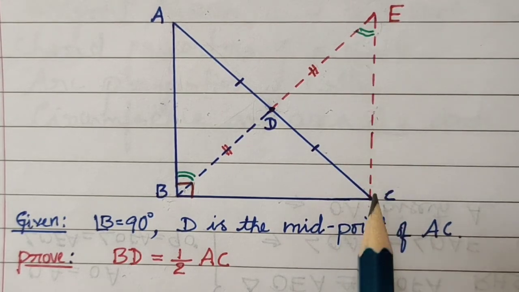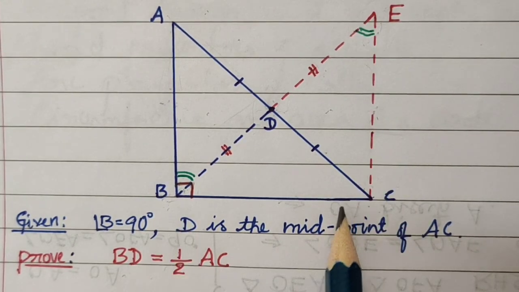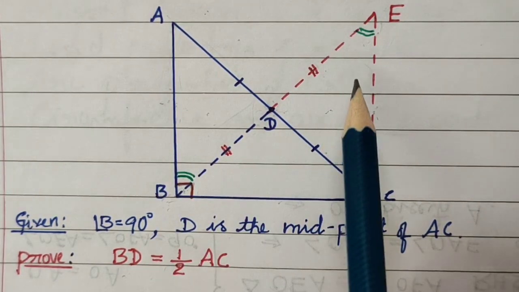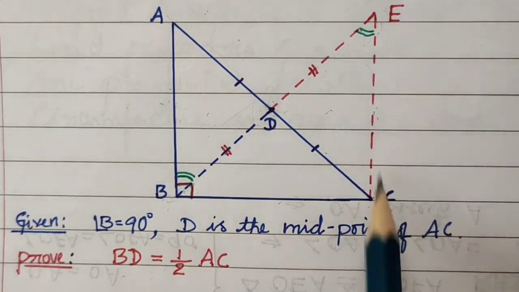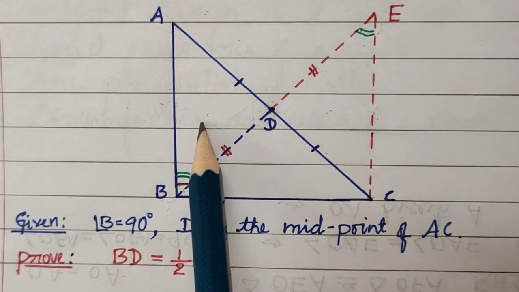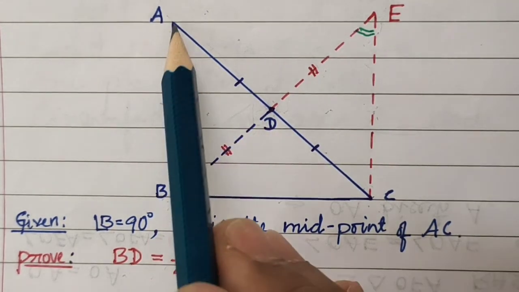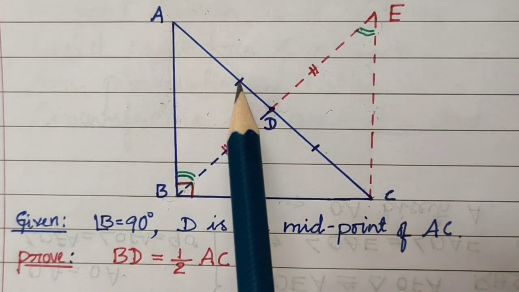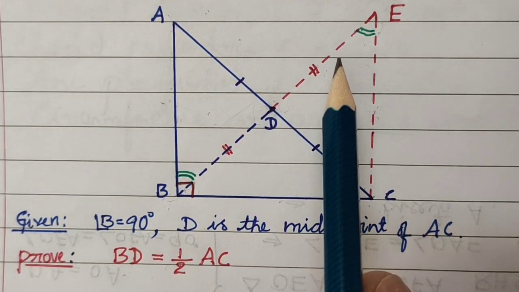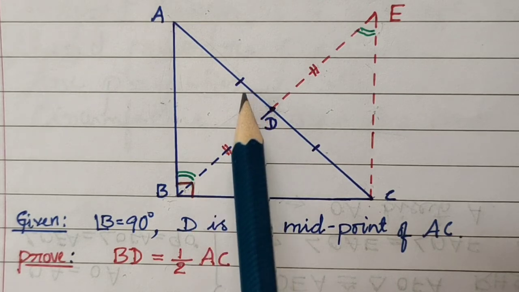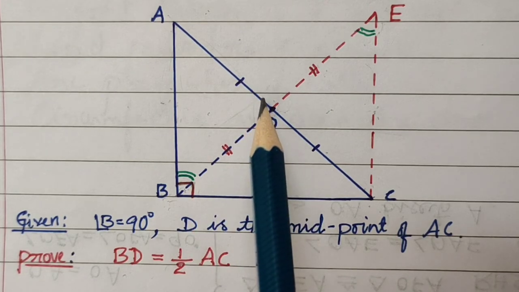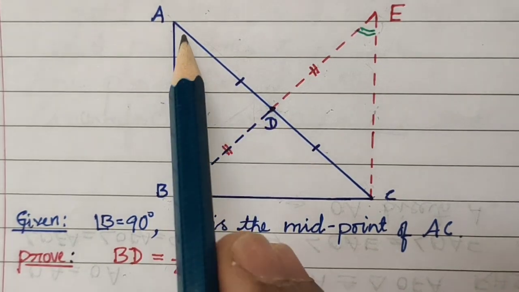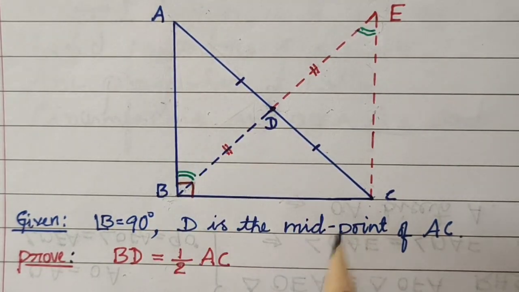Then we proved ECB is equal to 90 degrees, and we proved that triangle ABC is congruent to ECB. Because these two triangles are congruent, this hypotenuse is equal to this hypotenuse. Then AC is equal to EB. Then we took half on both sides. Half AC is equal to half EB. Half of EB is nothing but BD. Therefore, BD is equal to half of AC.